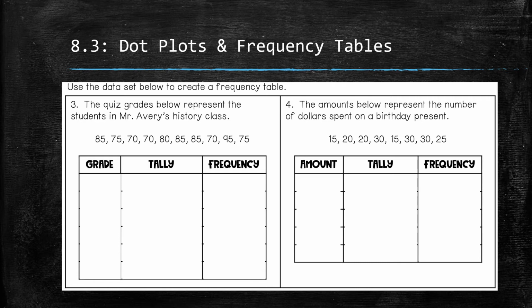So I can see that my test grades range with the smallest number being 70, right? And then the largest number in my data being 95. And they're in intervals of 5. So I can go ahead and list those out: 70, 75, 80, 85, 90, and 95.